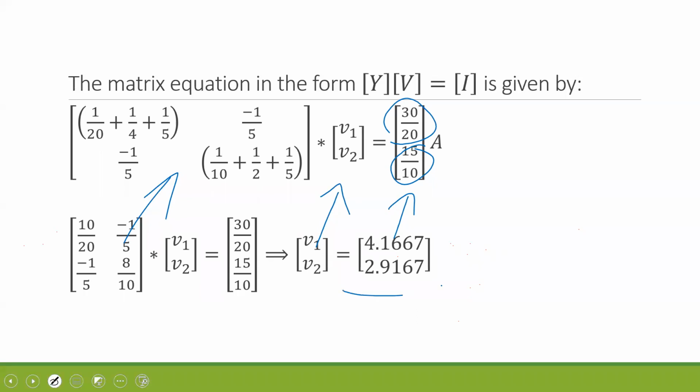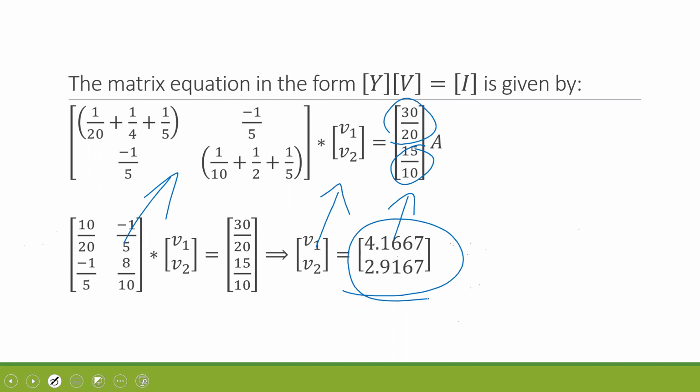Here we would have simply rearranged our equations and found V1 and V2. Sir, could you show how you got the values for V1 and V2?